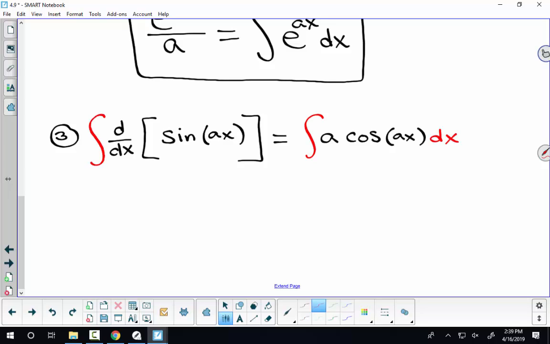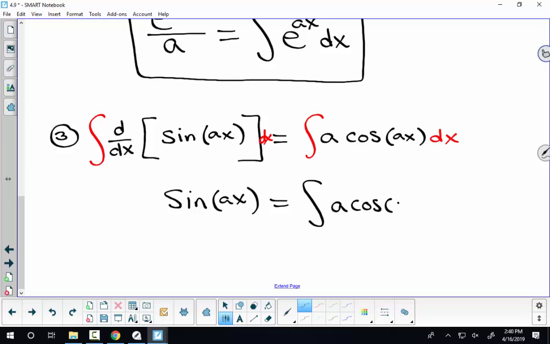Because the antiderivative here undoes the derivative. So we have an antiderivative of a cosine ax is sine of ax.